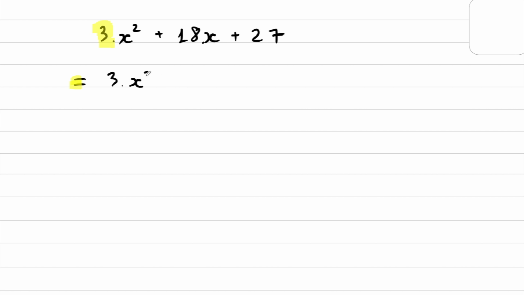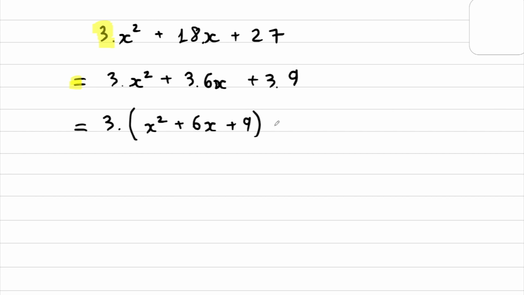You've got 3x squared here, 18x, and 27. I will factor 18 into 3 times 6x, and 27 is 3 times 9. After this step, I take 3 outside, the common factor: x squared plus 6x plus 9 in this question.